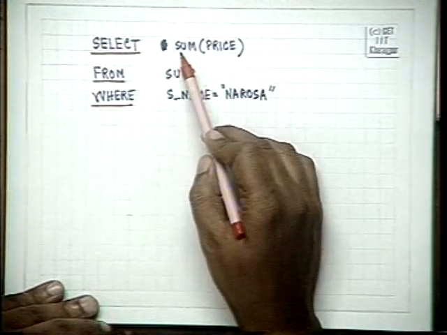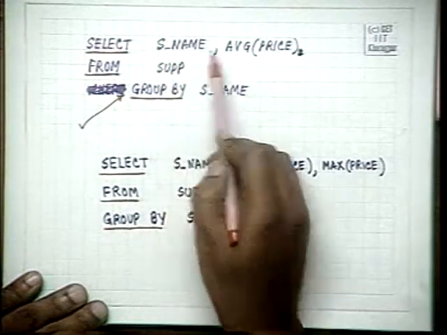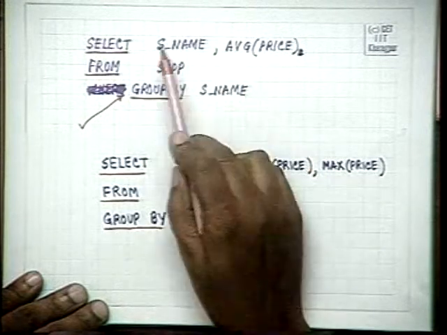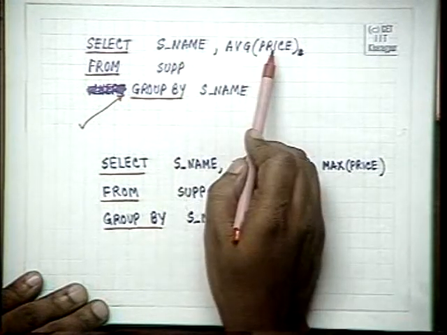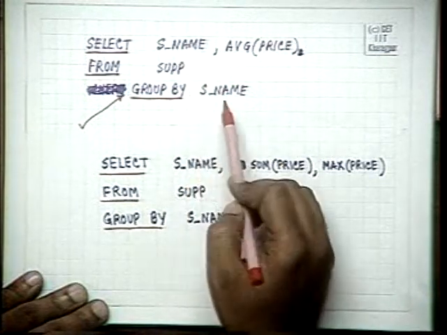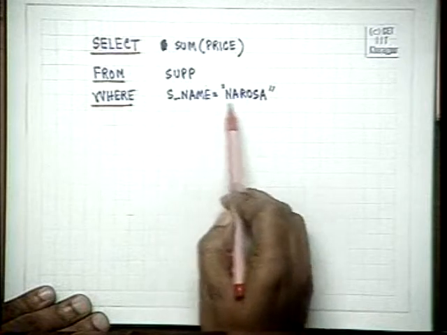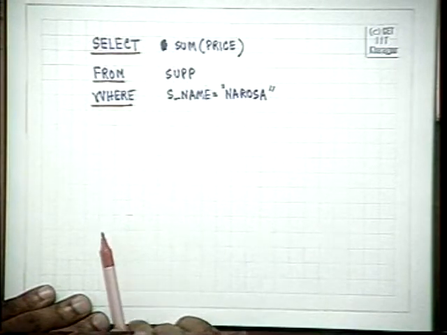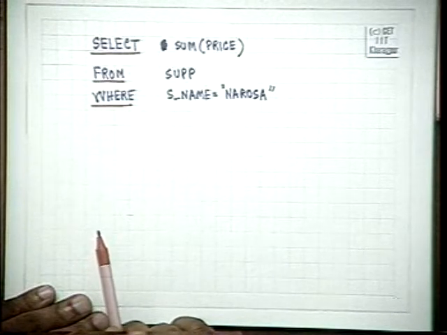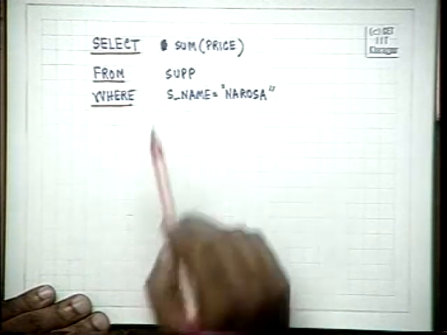In the earlier situation, you are returned a table with a name and a price. So corresponding to each name you had the price, so you grouped it by this name. But in here you have selected Narosa, so you need not have the name of Narosa.